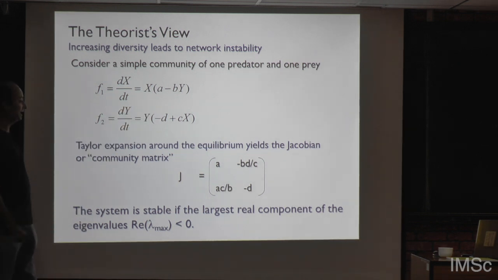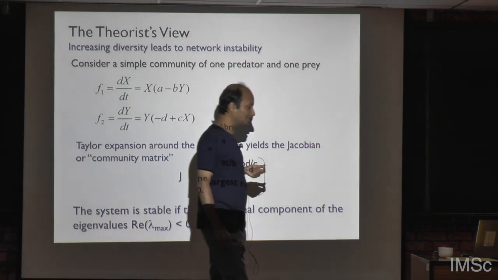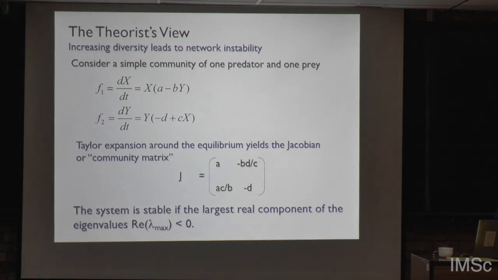Right. So, now that tells you the equilibrium, but it does not tell you anything about its stability. That is, if you have a small perturbation, suppose your system is at that value where x equals d by c and y equals a by b.